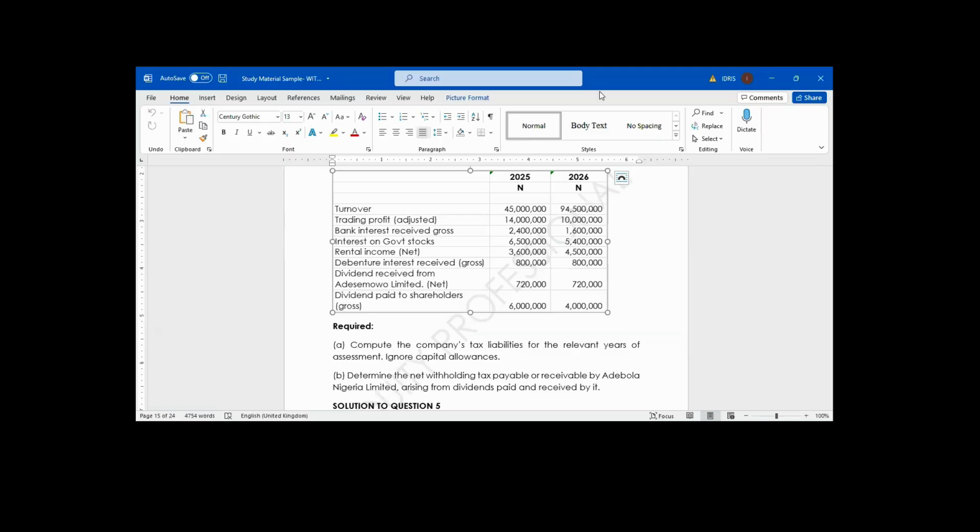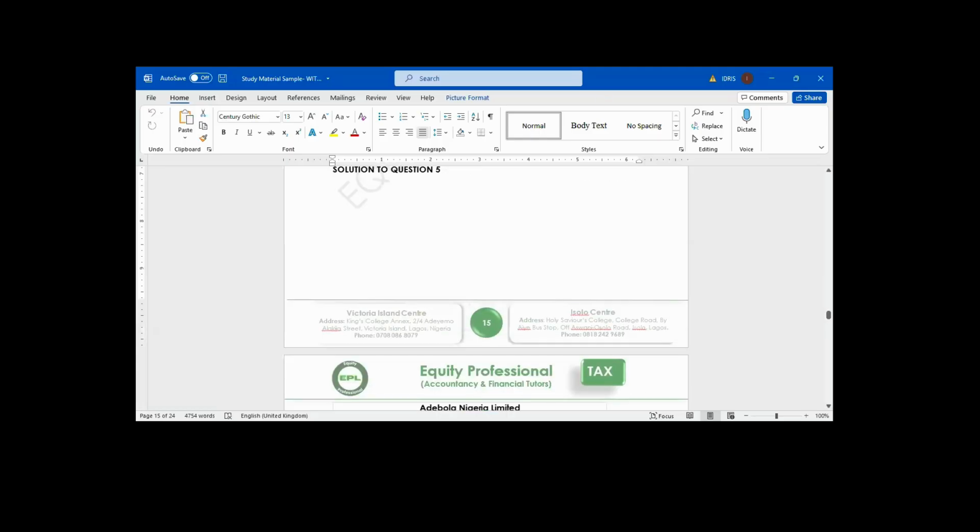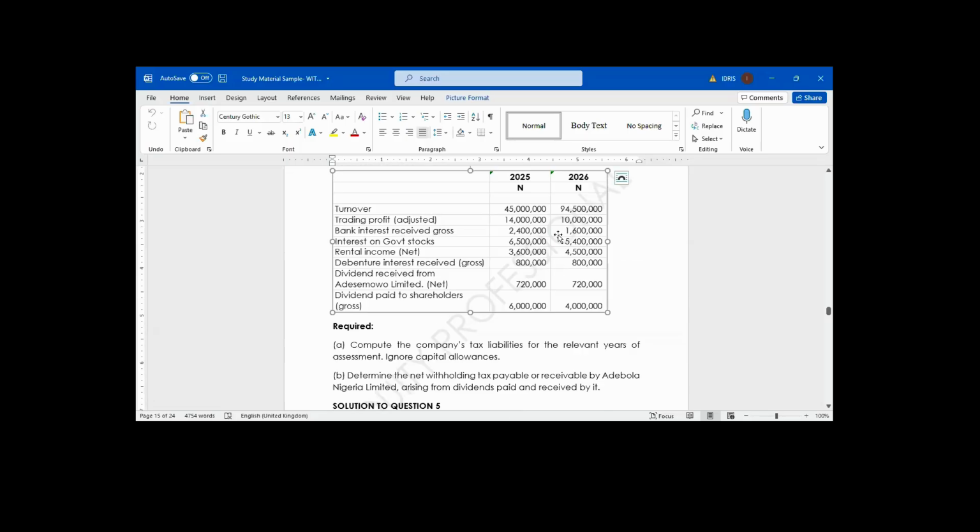The solution I'm seeing here, can you please recap this area? Look at the question. How much is the turnover? For the second one. Not 45. We have used 20% for this.